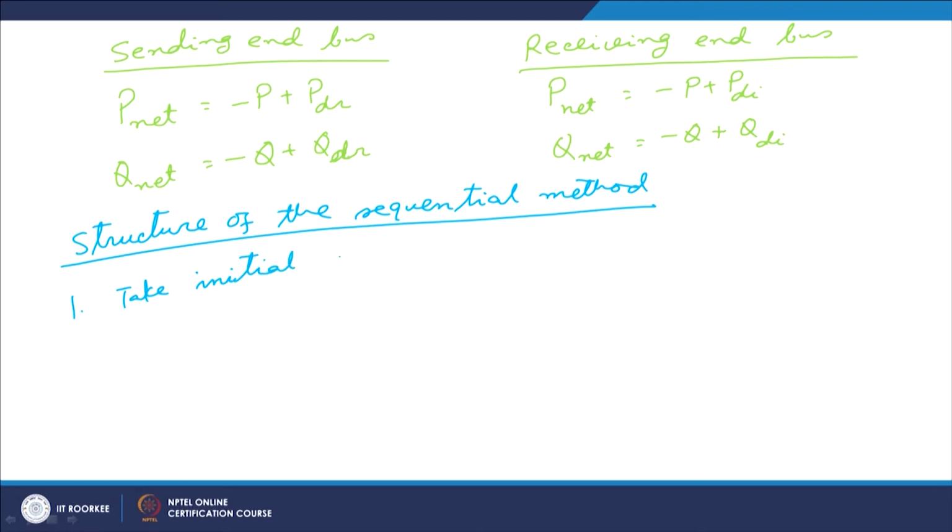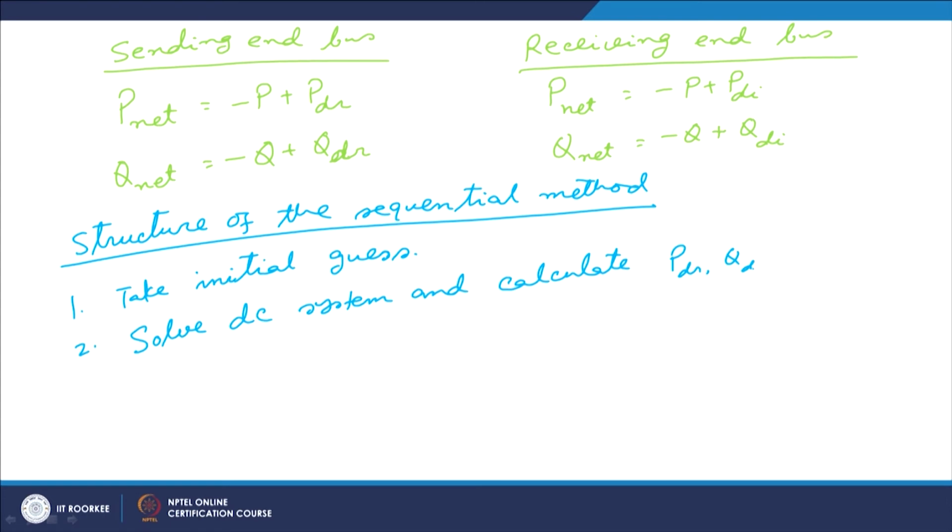We know how to take the initial guess and so on. Then we solve the DC system and calculate all these quantities PDR, QDR, PDI, QDI. Once we calculate PDR, QDR, PDI, QDI, the effect of the DC system is accounted for.